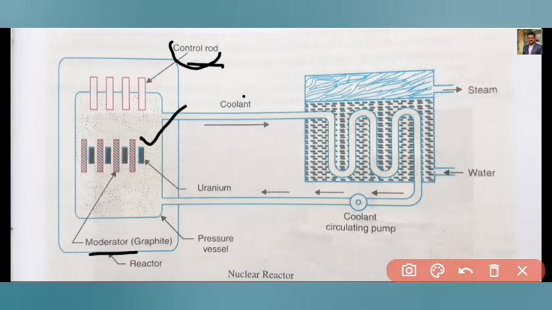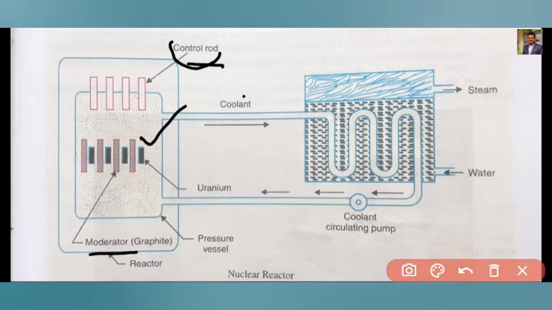When the uranium gets more and more neutrons, it will again produce more energy. This energy can be controlled, since the main part of the control rod is to absorb the neutrons. By absorbing the neutrons we have control over the fission reaction of the uranium.